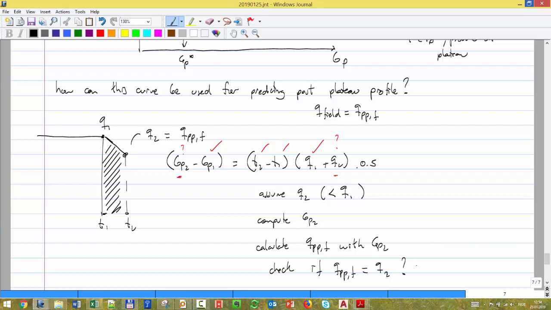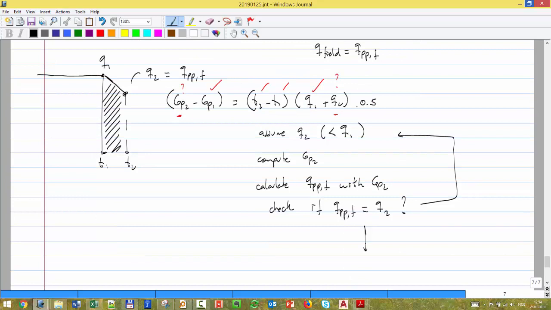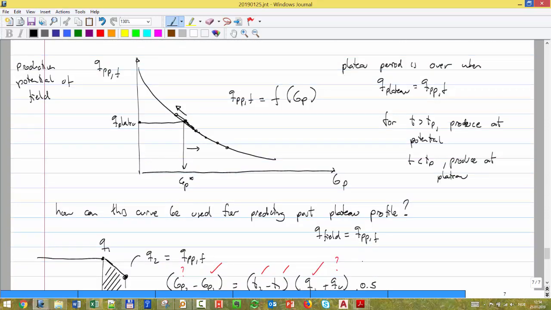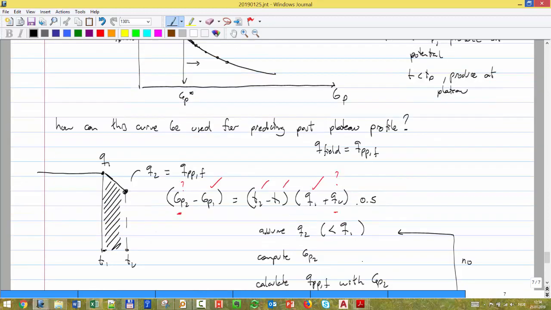If it's not equal, then I have to assume another Q. If it's equal, that means I have a solution. Because the rate I should have at that particular time should always follow the potential curve. After the plateau, I want to produce as much as I can from the system. So that's a way that you can solve that.